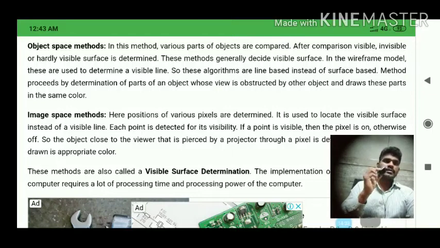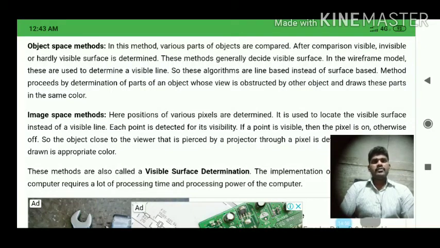This is an object. You draw this figure, this image, then we will follow the object space method. This is the x coordinate, the physical object interpretation of the x, y and z coordinates on the screen.